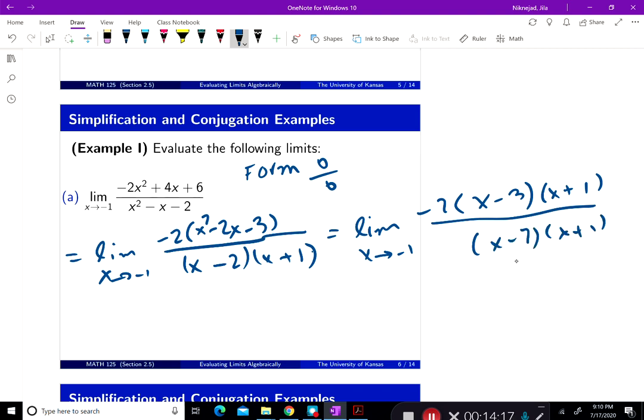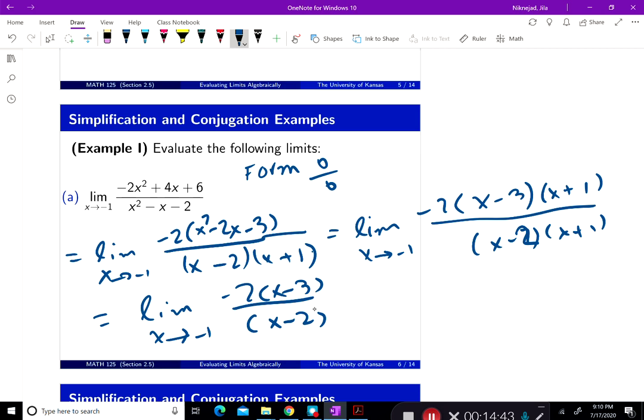So I'm substituting this. If you remember, we said that even though this function is not equal everywhere to the simplified form, the limits everywhere are going to be the same. And so I'm replacing that in here. This one is 2.